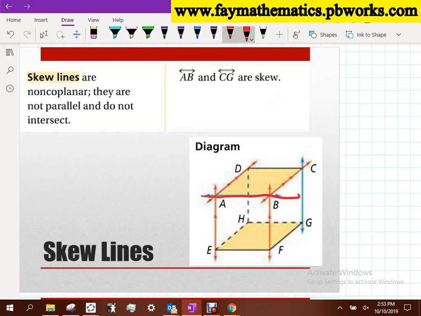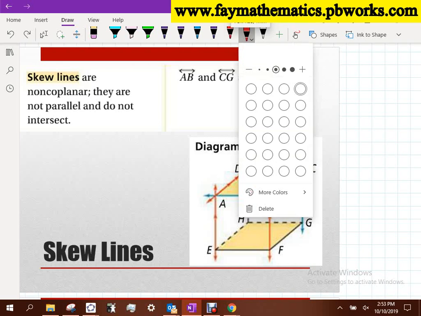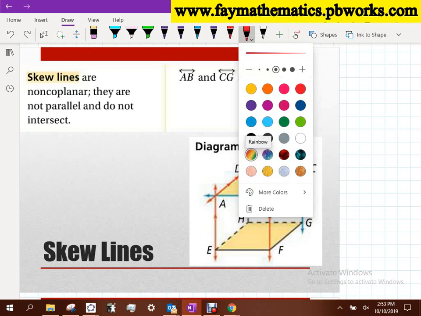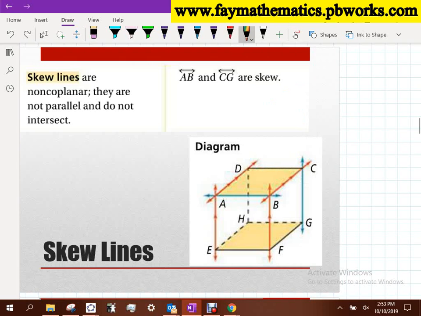They'll ask us to focus on that line, and they'll say, if you're focusing on that line, which segments or which other lines would be parallel to it?